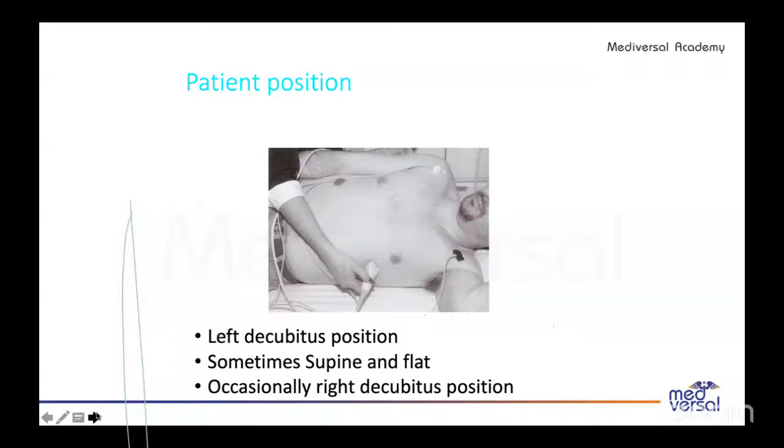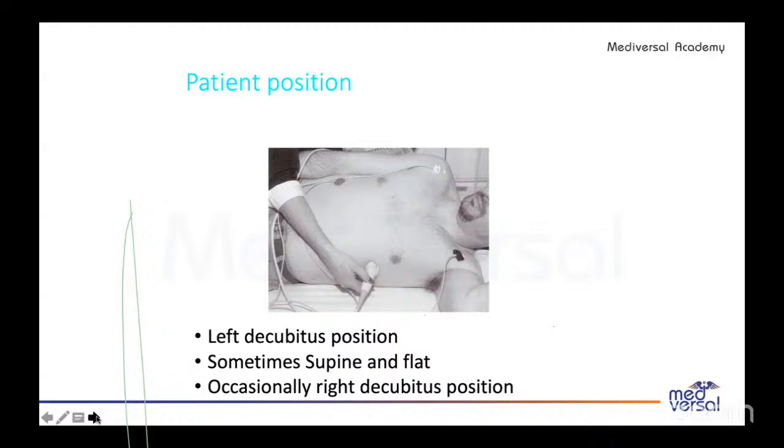Sometimes you can use the supine position if the patient does not have chronic obstructive lung disease or asthma and does not have a hyperinflated chest; you can do the positioning supine as well as flat. But if the patient has a hyperinflated chest, COPD, or asthma, then make the patient lie down on the left side.